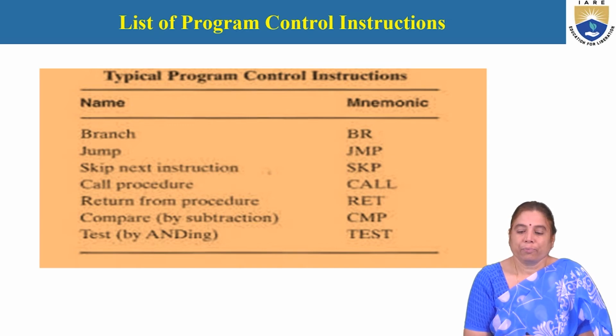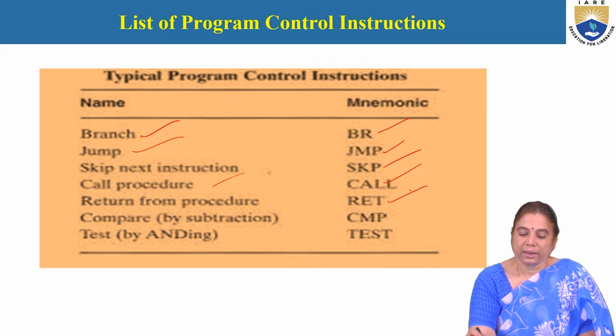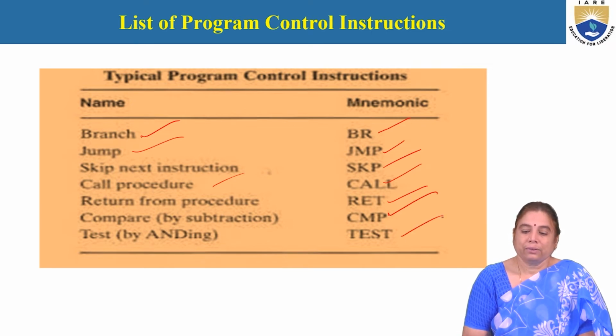The list of program control instructions are branch with mnemonic BR, jump with mnemonic JMP, skip next instruction SKP, call procedure CALL, return from procedure RET, compare CMP, test TEST. These are the list of program control instructions.